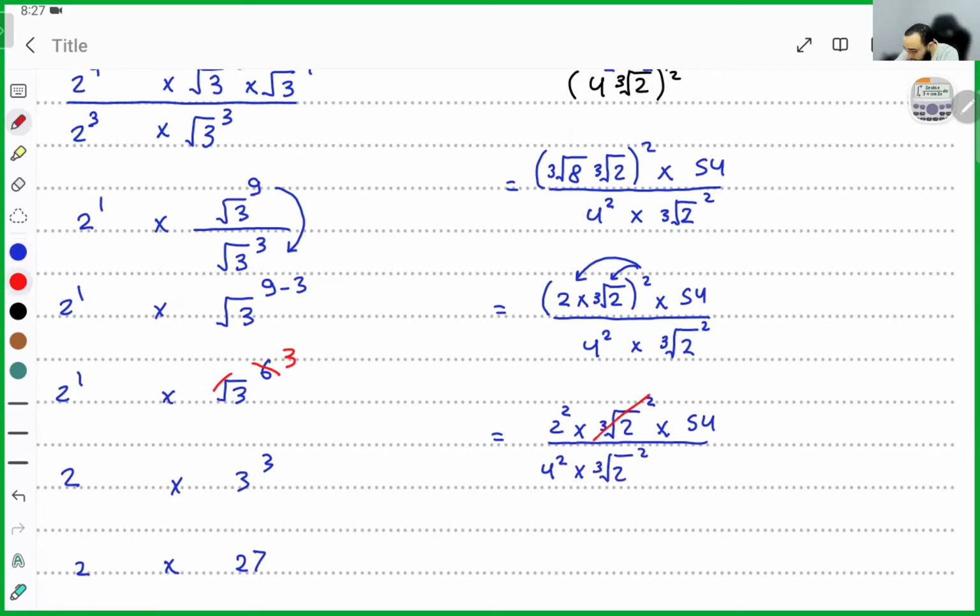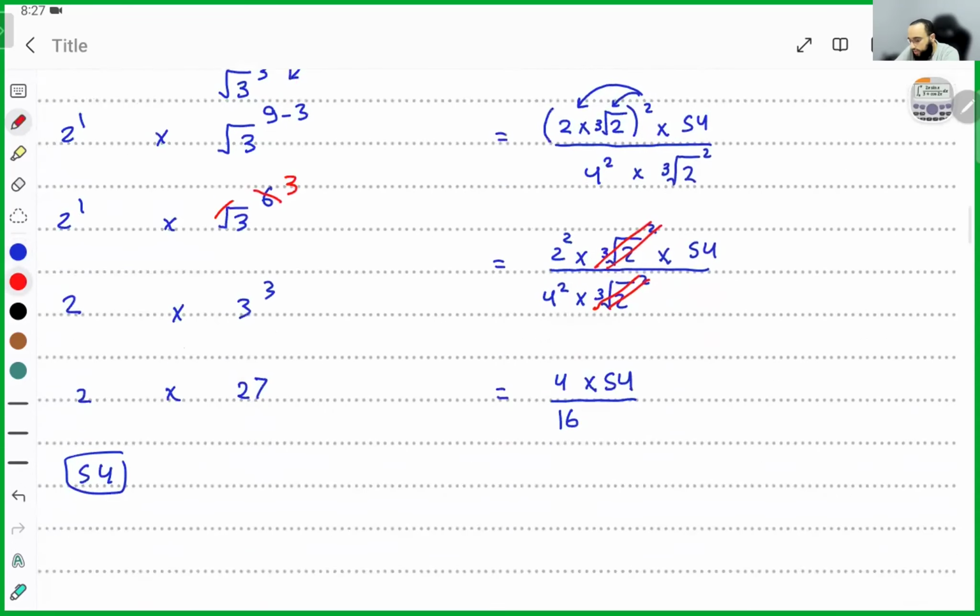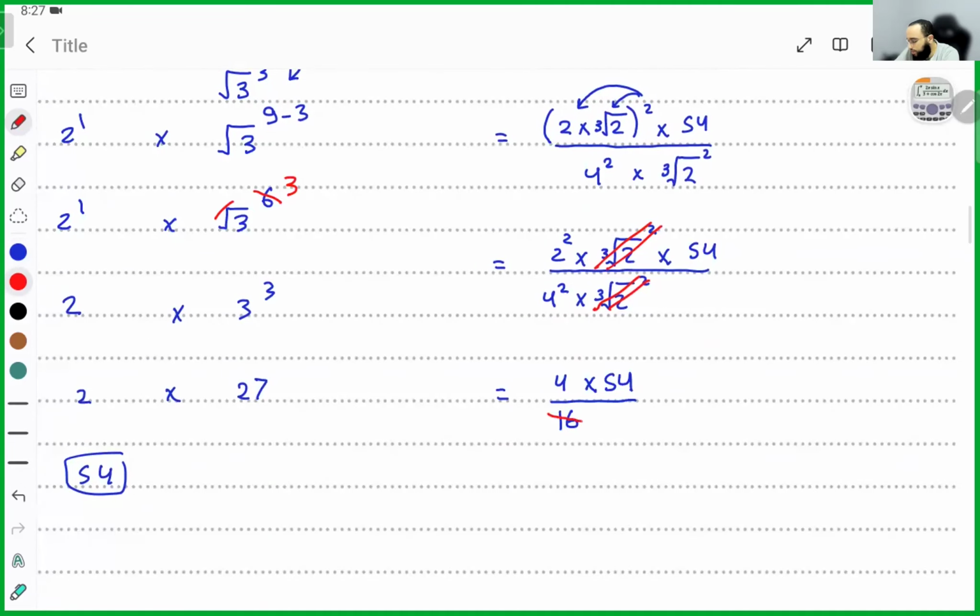We can delete these two roots together. One is up and one is down, and they cancel each other. Then we can delete them. Okay? Right now, 2 power of 2, 4. 4 power of 2, 16. Times 54, divided by 8, divided by 27.